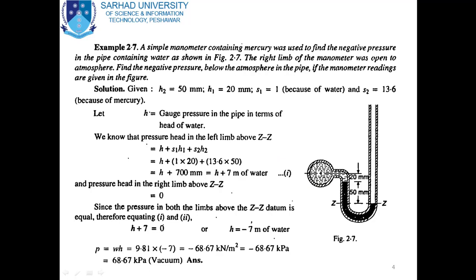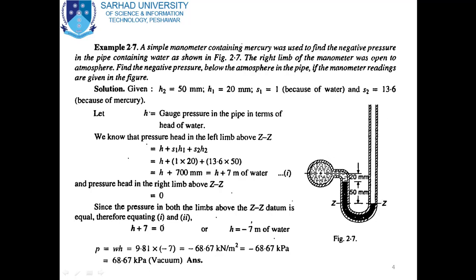Now we will calculate the pressure in the left limb and right limb. So pressure in the left limb above the ZZ is equal to H plus S1H1 plus S2H2. Here you can see in the figure, if we cut this through the center, this is the left limb, this is the right limb.